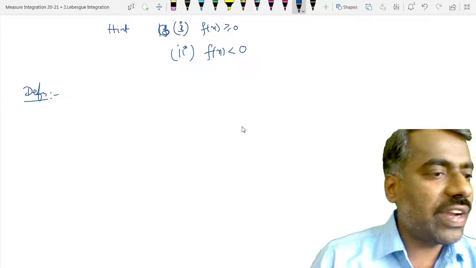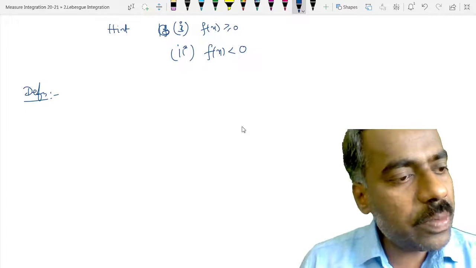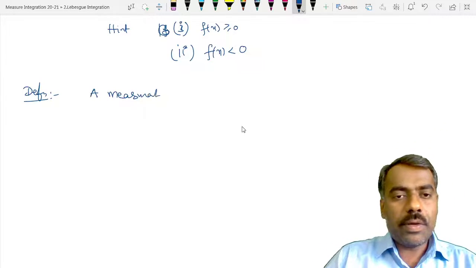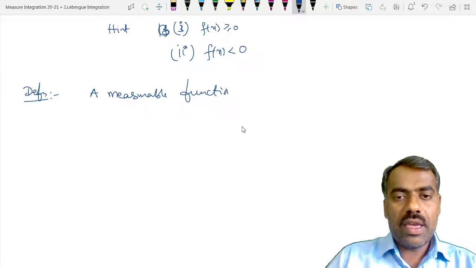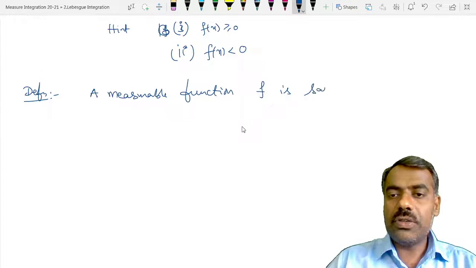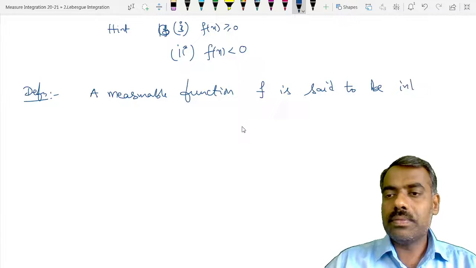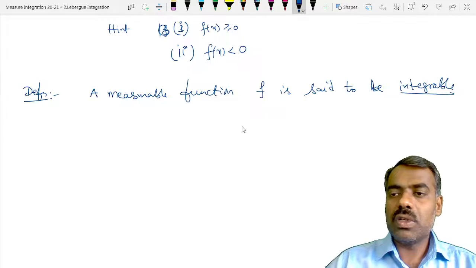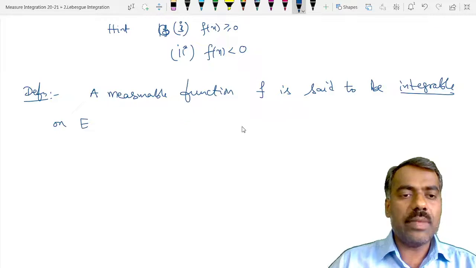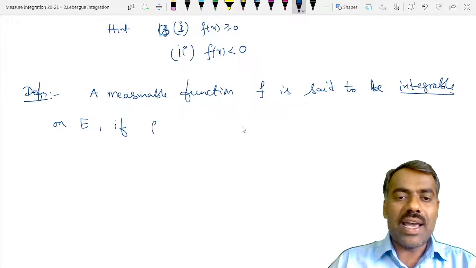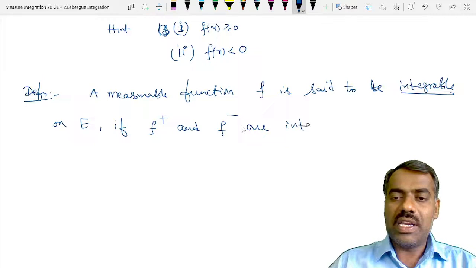So the definition: a measurable function f is said to be integrable on a measurable set E if f plus and f minus are integrable.